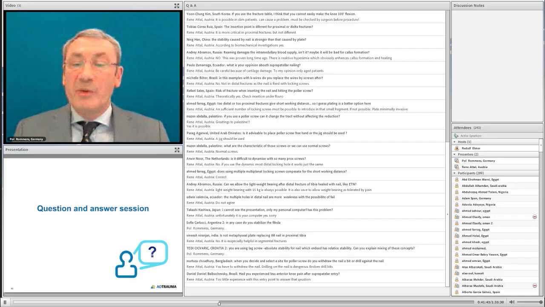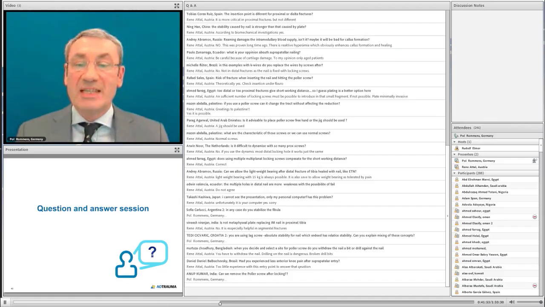I have a question from India. Can we remove the polar screw after locking? If you mean that the polar screw adds to the stability of the whole construction, that means there is a direct contact between the nail and the polar screw, I would not remove the polar screw.